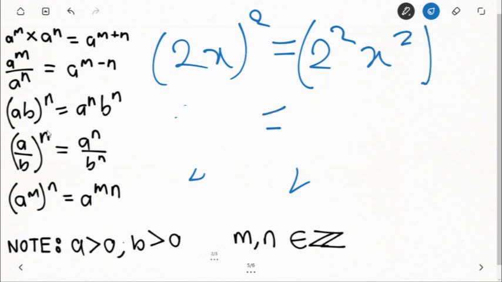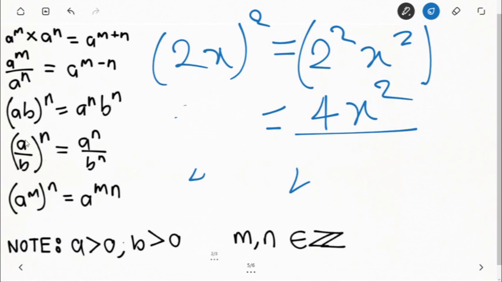Now, what is 2 to the power of 2? That is 4, and then you remain with x squared, so it will be 4x squared. So this is how rule number 3 works.